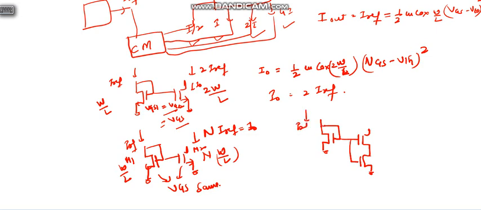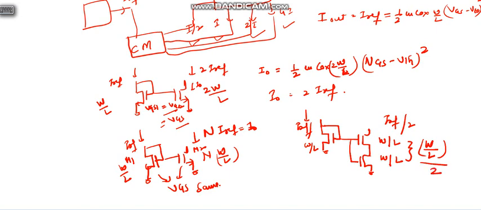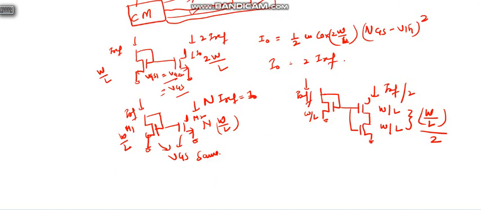This is Iref, this is Iref by 2, this is W by L, and this is W by L divided by 2. So in this way you can derive Iref by 2. Now what are the sources of error in this case?